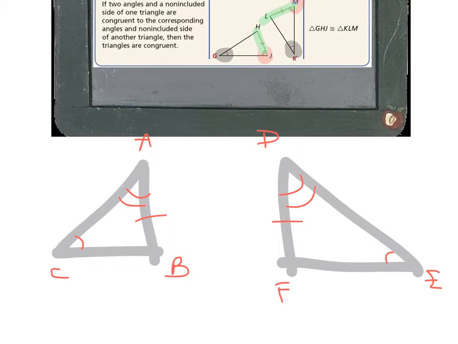If it's the non-included, it's angle-angle-side. But it still works: two angles, one side. The question is, which of the postulates does it use? If AC was marked as congruent to DE here, I would have angle-side-angle. If AB is marked as congruent to DF, then it's angle-angle-side. Or if CB was marked as congruent to FE, still angle-angle-side.